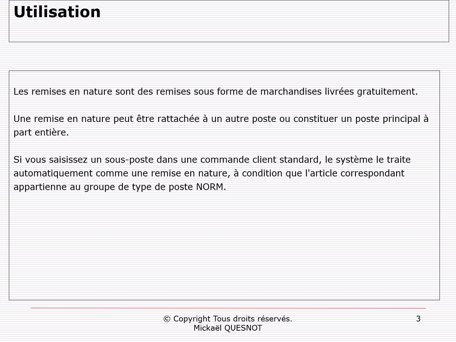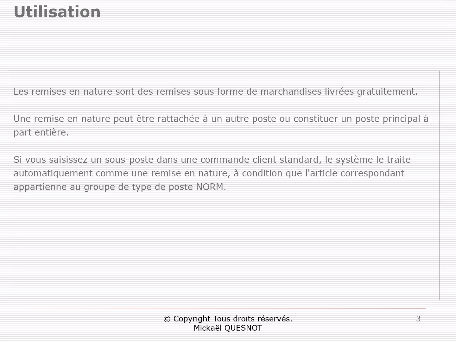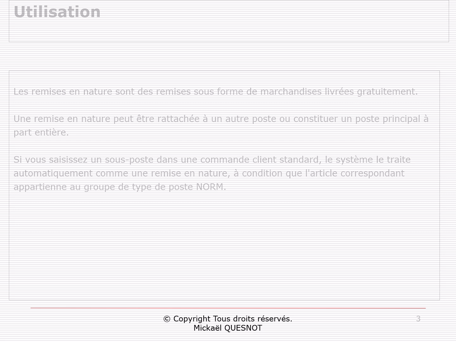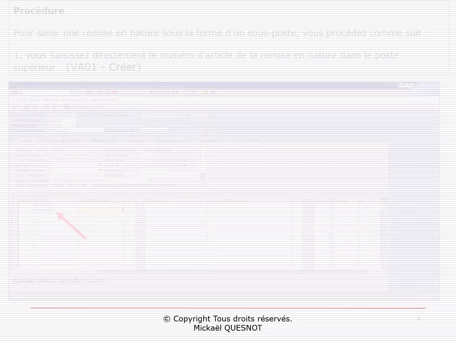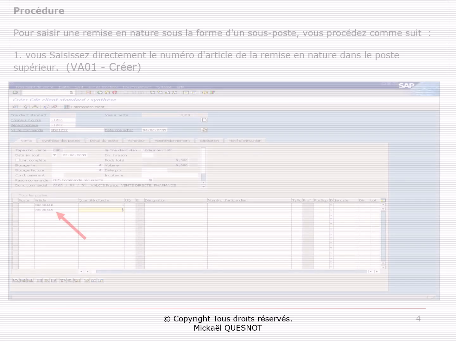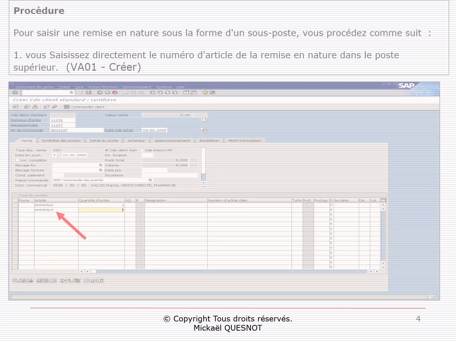And the source mentioned hitting enter after putting that number in the POSUP field is really important. Why is that? Yeah, hitting enter is key. That's the trigger. It tells SAP, okay, process this connection I just made, and what happens next is kind of cool. It's automatic. That's the automatic classification bit you mentioned earlier. Exactly right. SAP sees that link you made with POSUP, and it instantly recognizes that sub-item as a remise en nature, a free item.